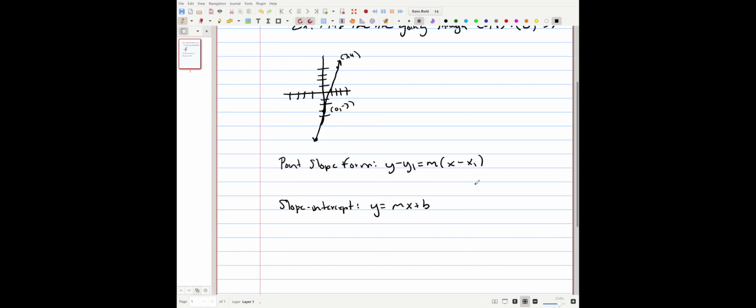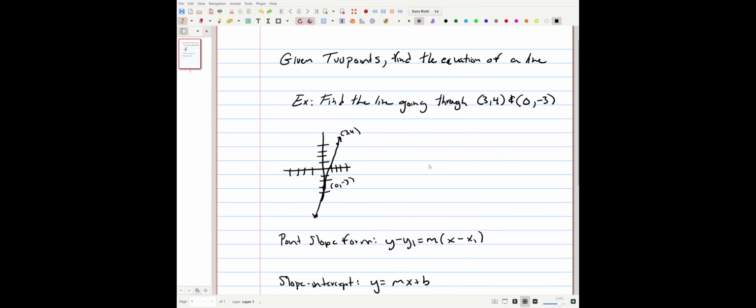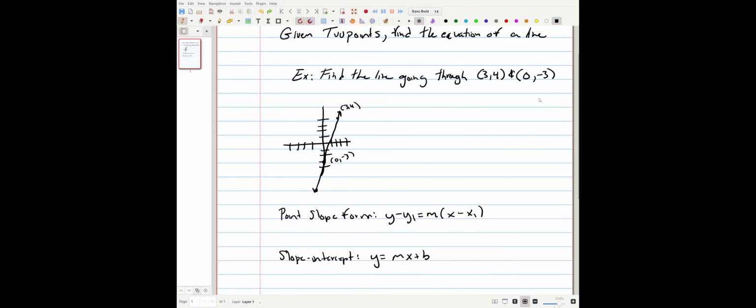For slope intercept, we need the slope and we need the y-intercept. And for point slope, we need the slope and a point, the point x1, y1. And so do we have either of those here? No, all we have is the points (3, 4) and (0, negative 3).